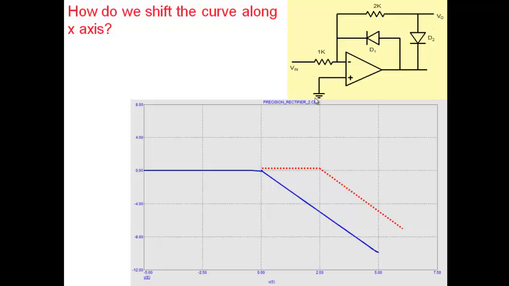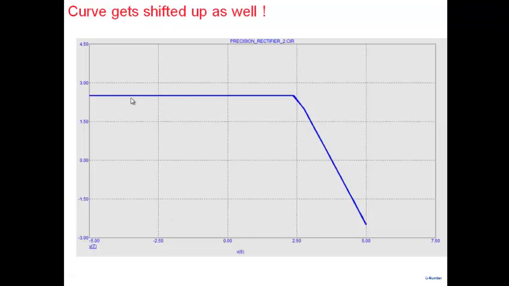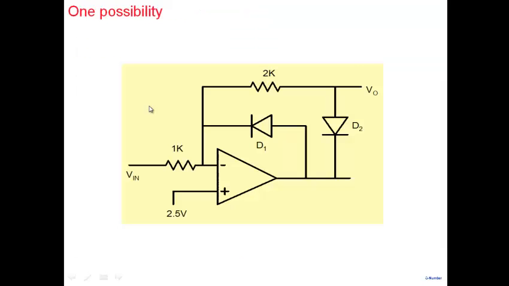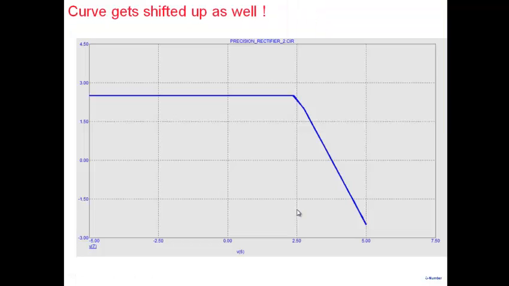So for example, if I add a voltage of 2.5 volt here, then note what will happen is the characteristics that you see here, the earlier blue one, starts from 0 and has a certain slope. Now it starts from close to 2.5 here.